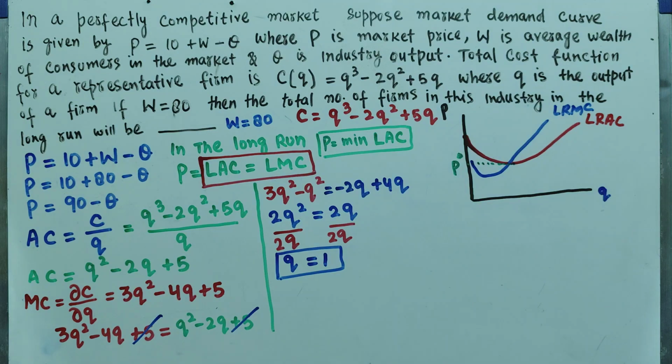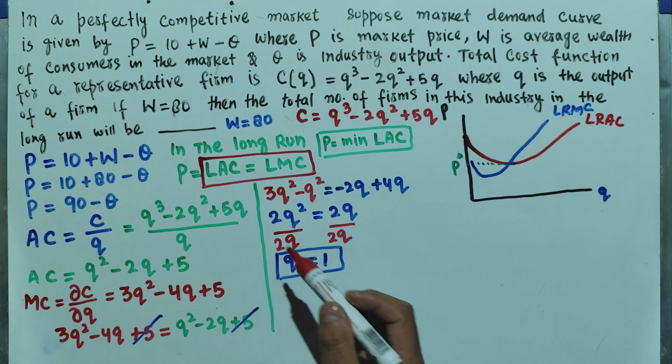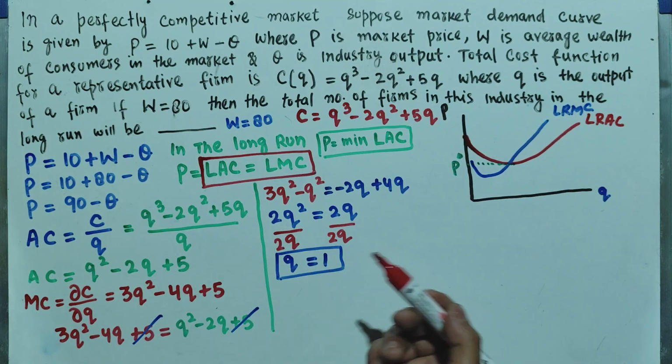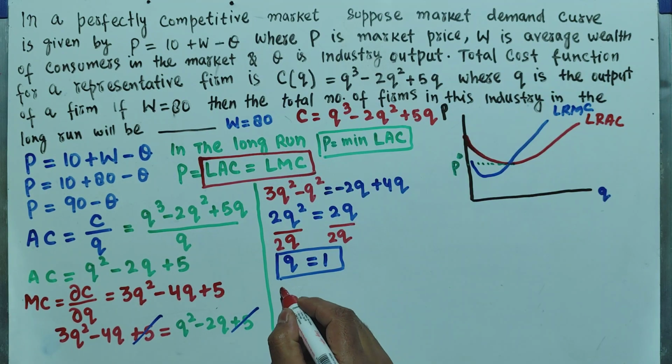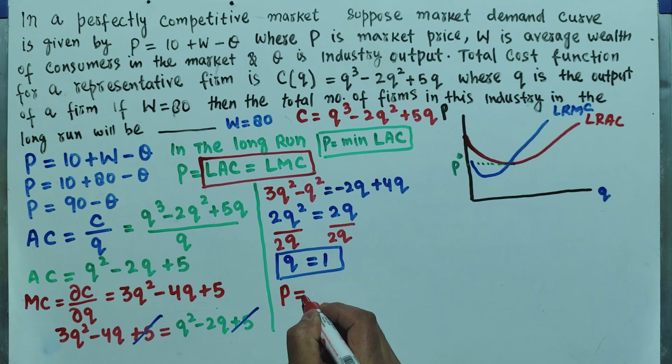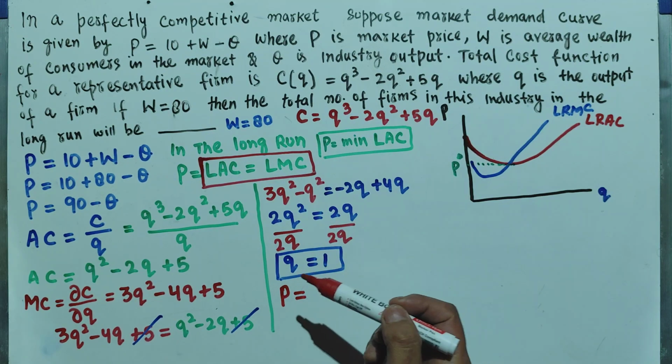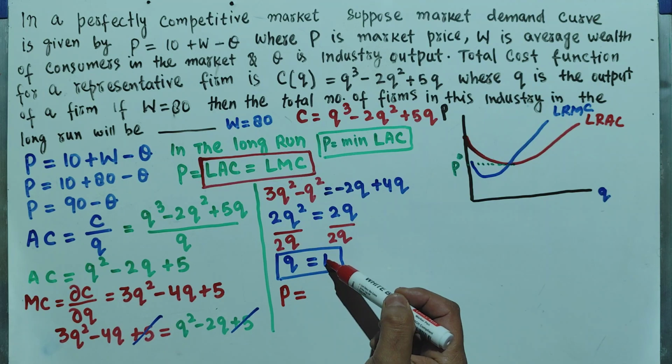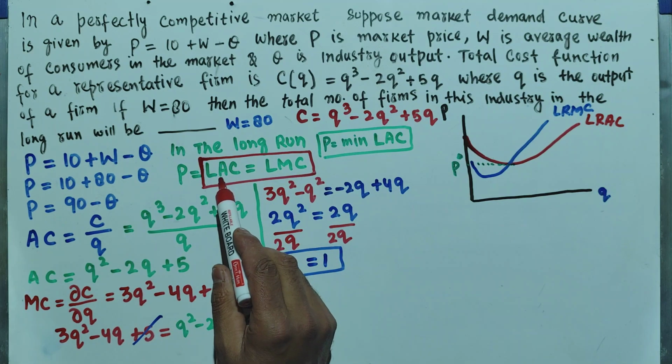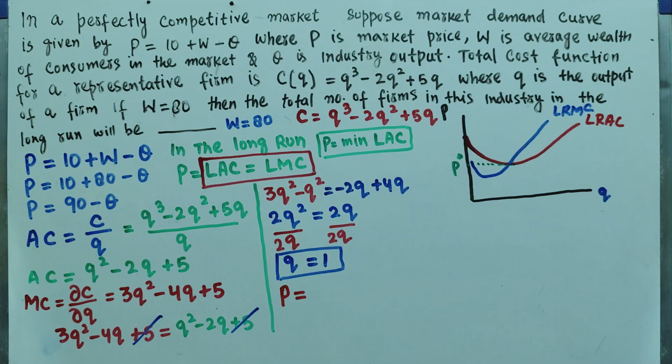Then we need to find out the market price. To find the price, we plug the value of q equal to 1 into either the average cost function or the marginal cost function. So price is equal to AC evaluated at q equal to 1.